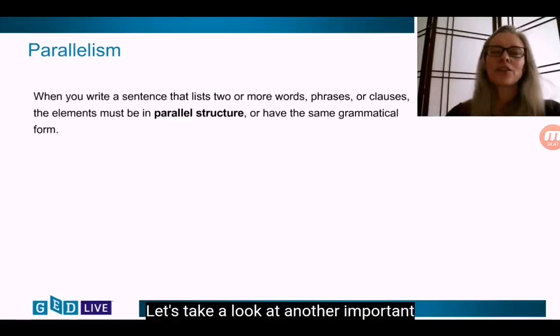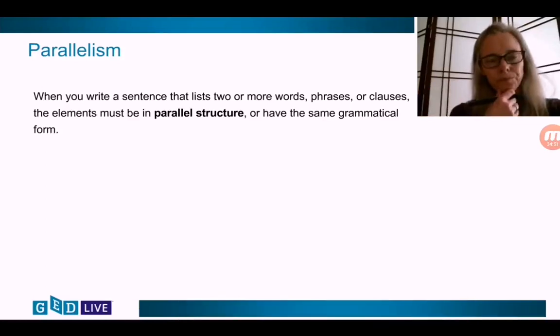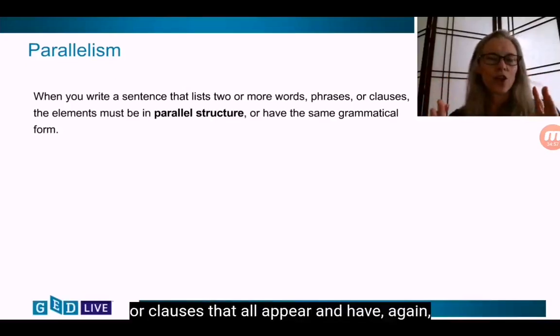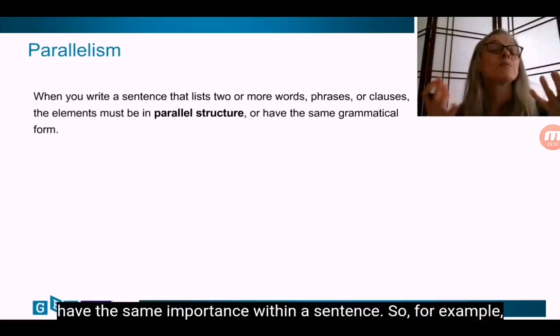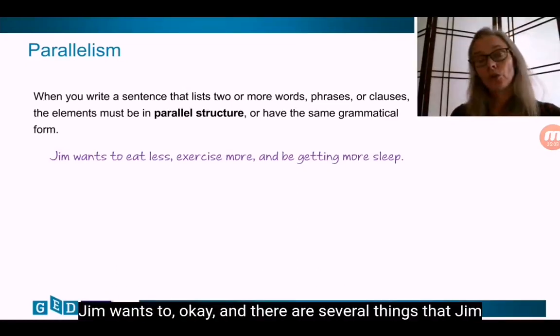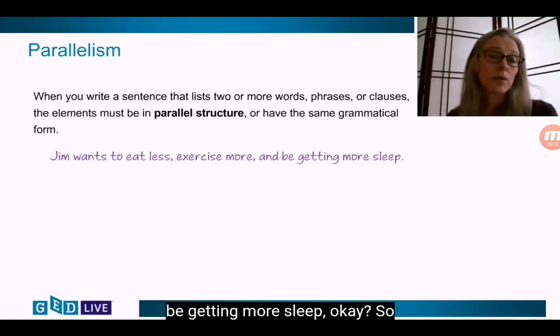Let's take a look at another important kind of rule of construction, and that's that we need parallel structure when we have words, phrases, or clauses that all appear and have the same importance within a sentence. So, for example, Jim wants to. Okay, and there are several things that Jim wants to do. He wants to eat less, exercise more, and be getting more sleep. Right?